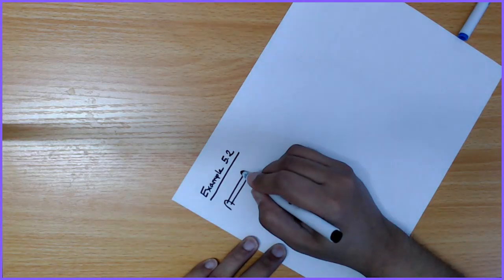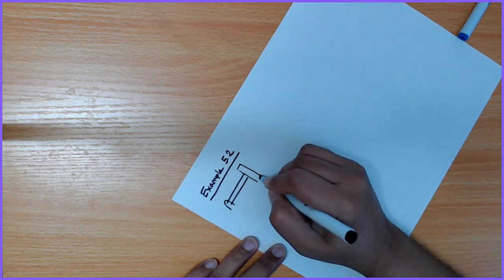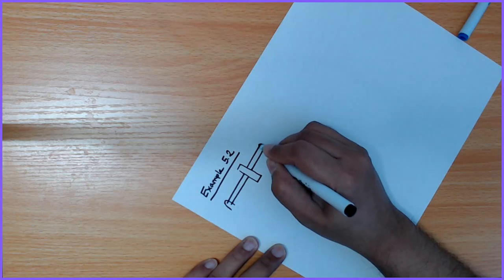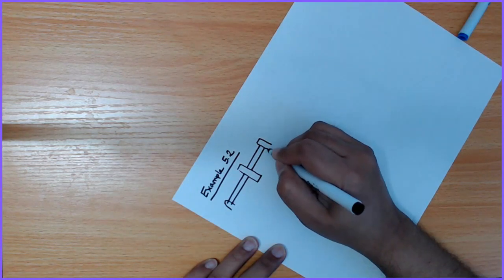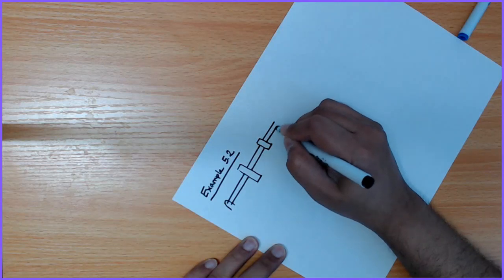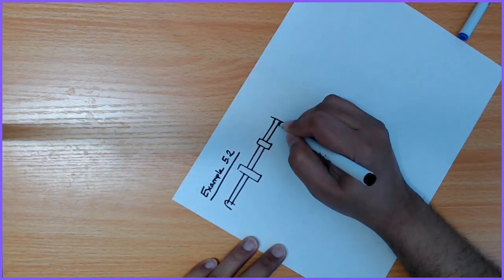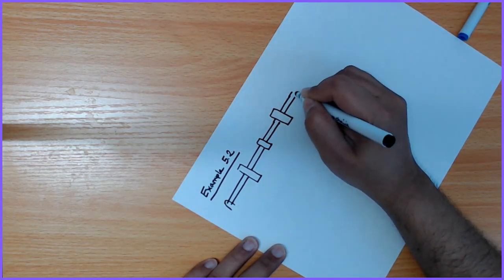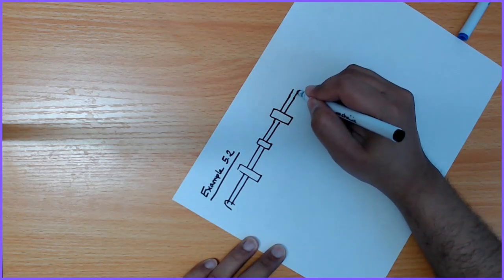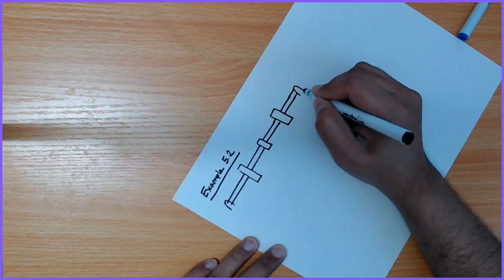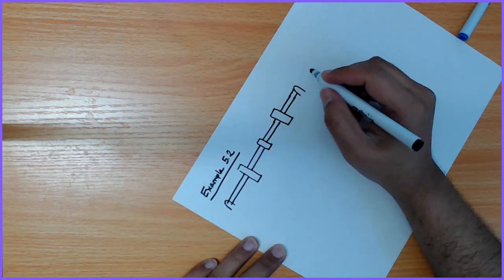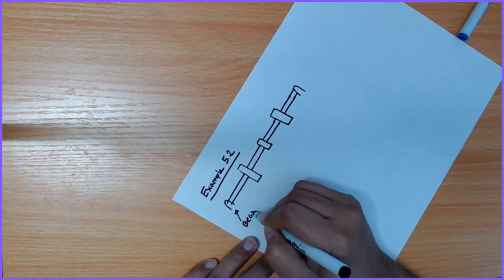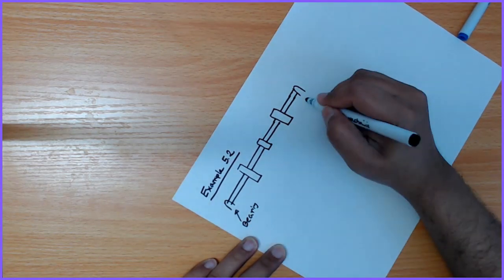So this is a shaft, and this shaft is supported at the two ends by two bearings. Okay, so this is a bearing, and this is another bearing.